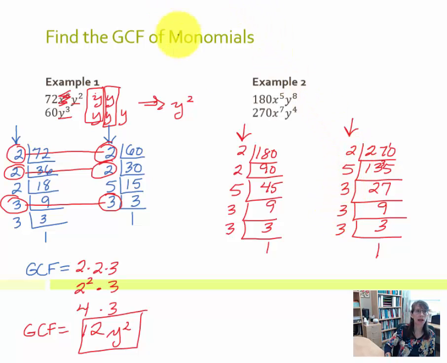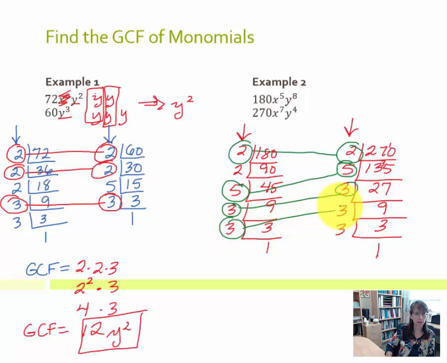What we're looking for now are the common factors. Here's a pair of 2's. Do I have another pair of 2? No. Do I have a pair of 5's in common? It looks like we do. Do I have a pair of 3? And we also have another pair of 3.